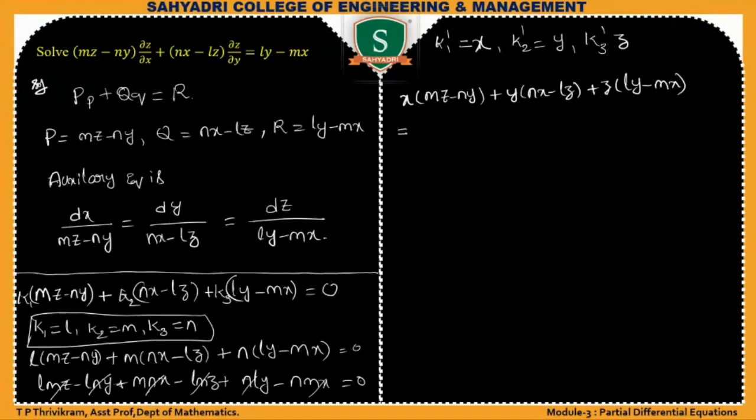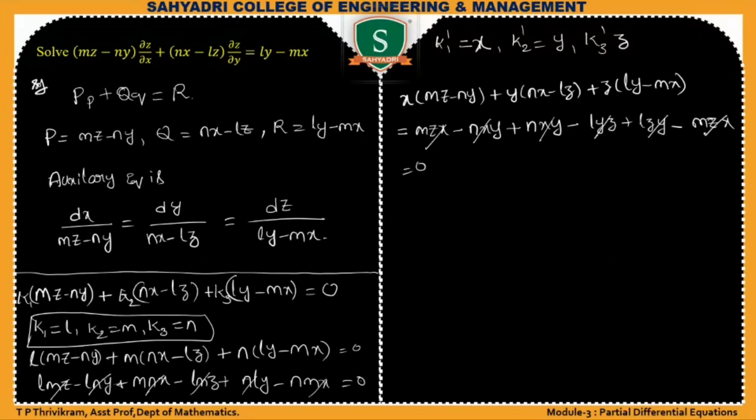What happens? m into zx minus n into xy plus n into xy minus lyz plus lzy minus mzx. So zx gets cancelled, nxy nxy, lyz lyz. So we are getting 0.